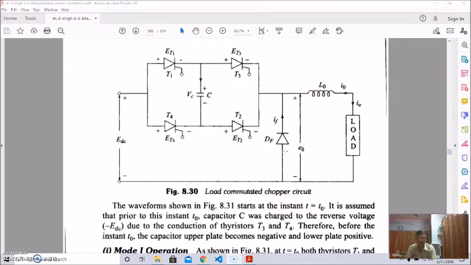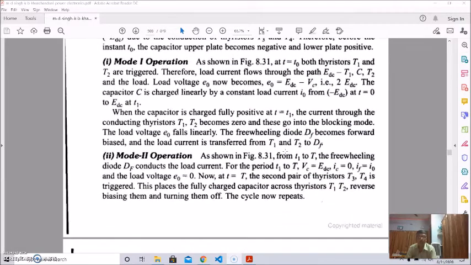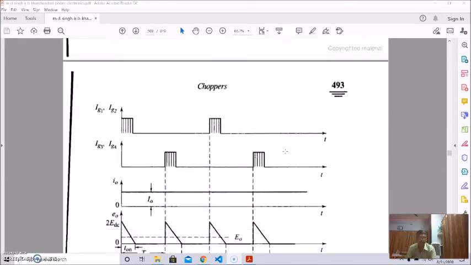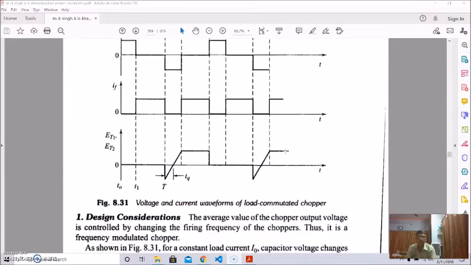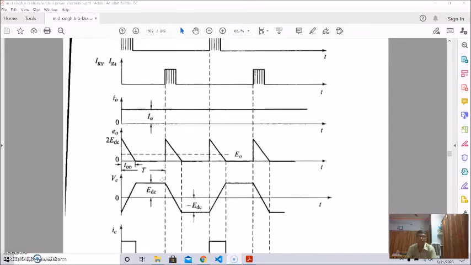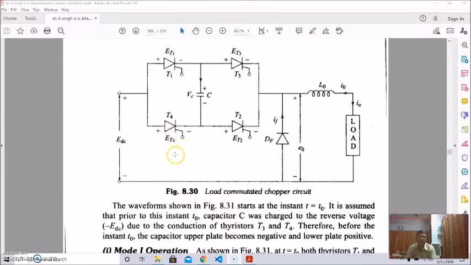What is mode 2 operation? It is shown here from t1 to T. In mode 2 operation, the freewheeling diode DF conducts the load current.